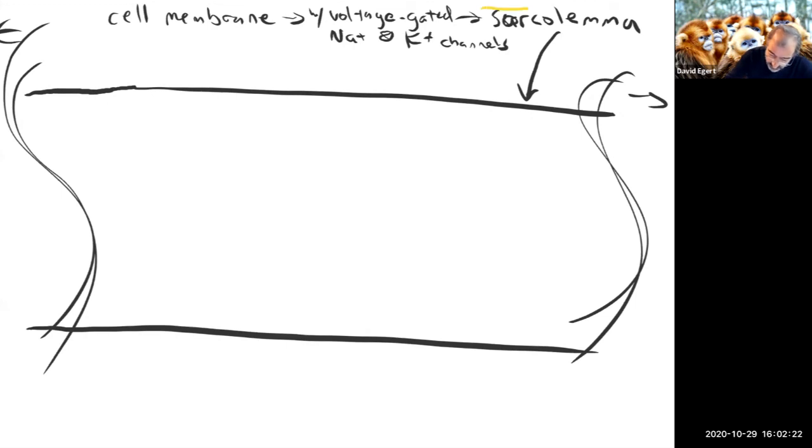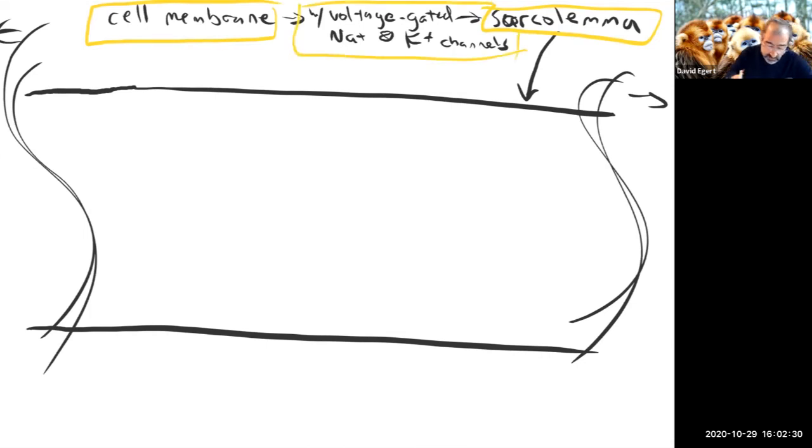And again, the sarcolemma is just the cell membrane of the muscle cell, and it's full of these voltage gated channels.